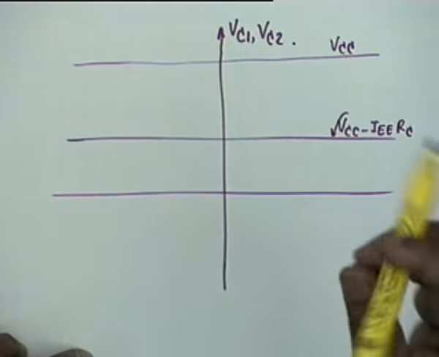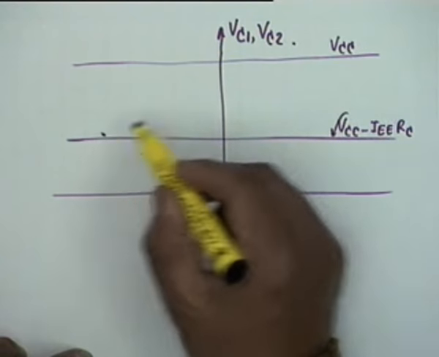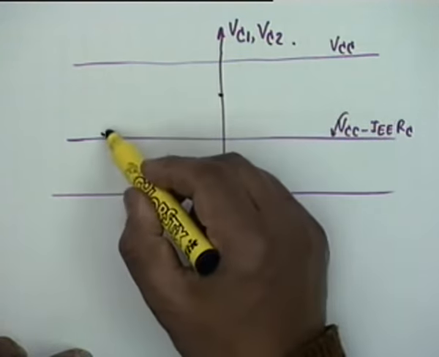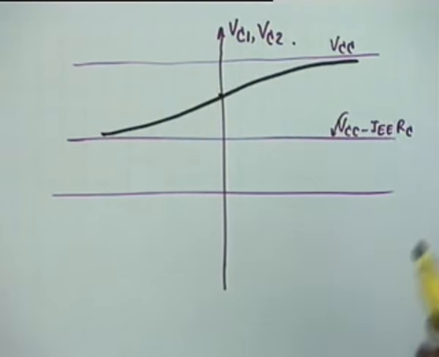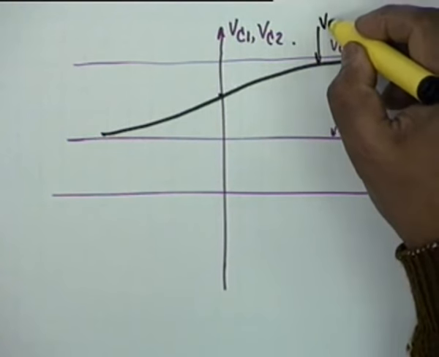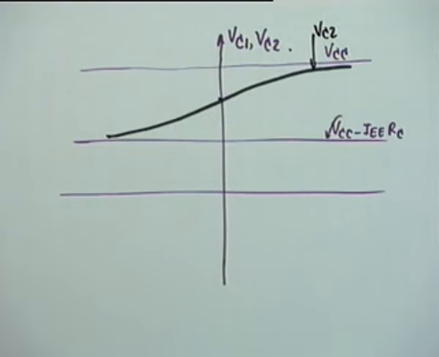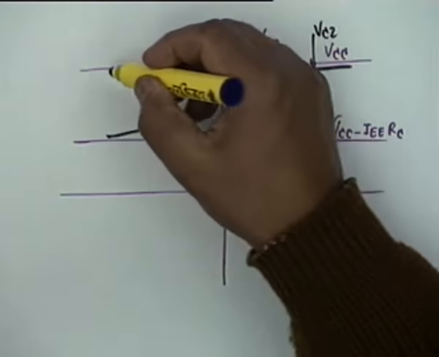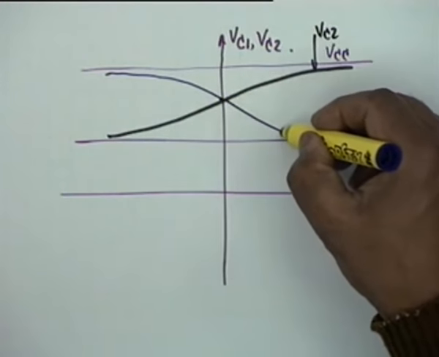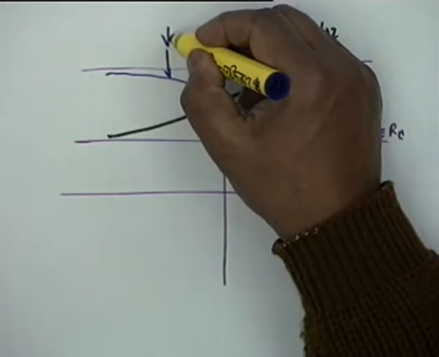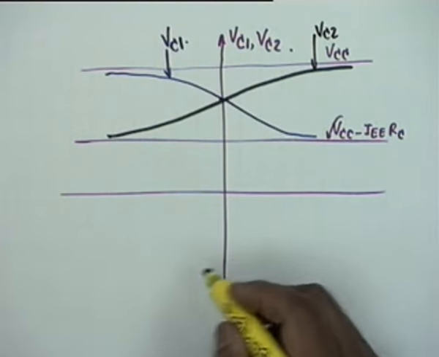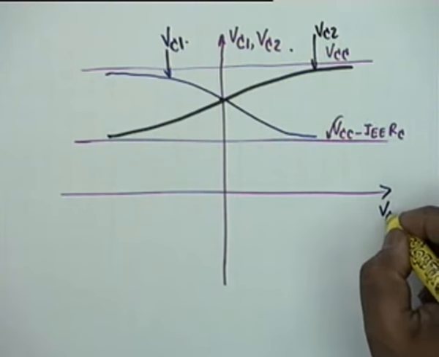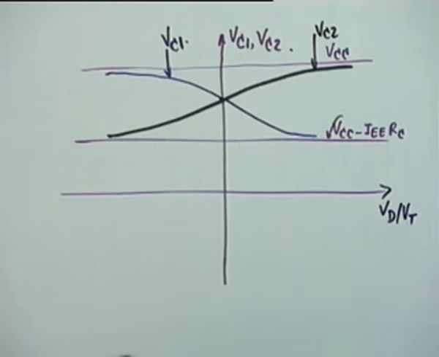And the voltages shall vary like this. Which voltage is this? VC2. And the other one would be like this. This is VC1. Now versus VD by VT. Okay? These are the two voltages.